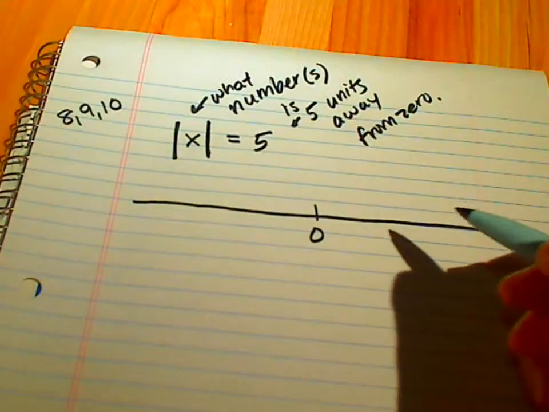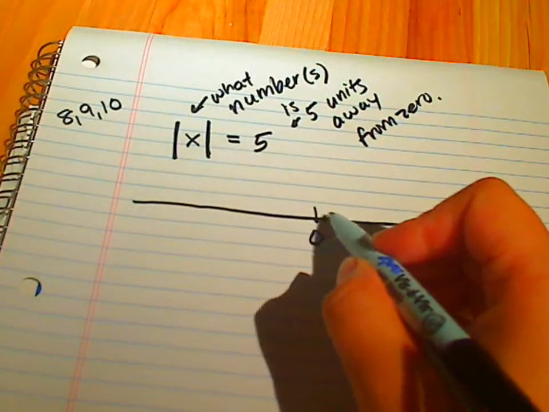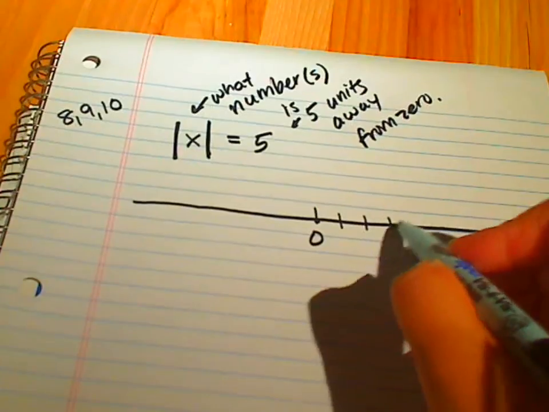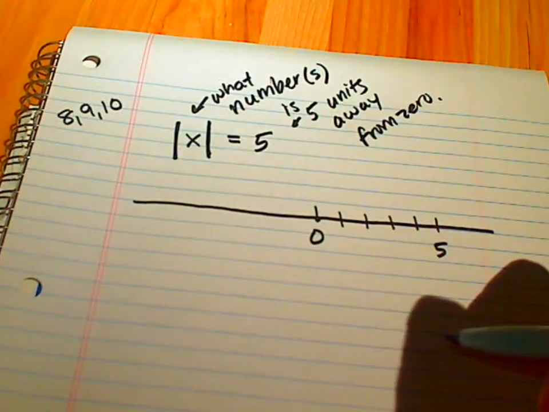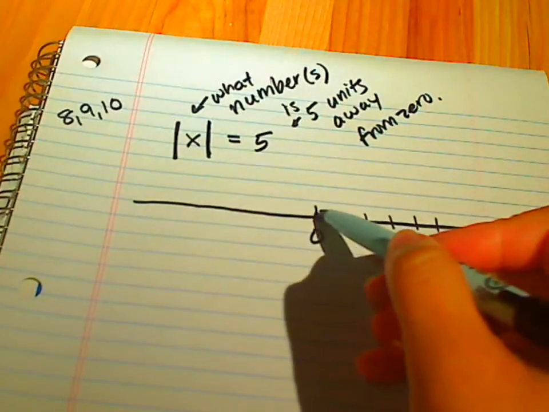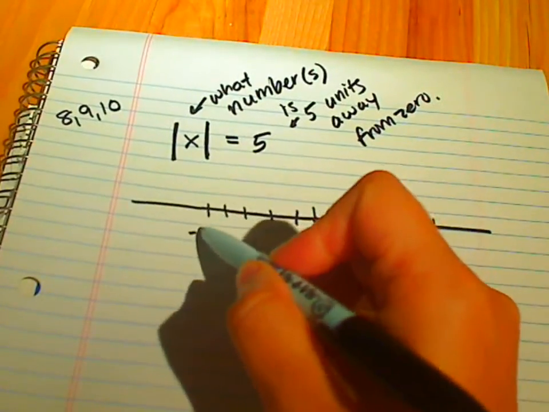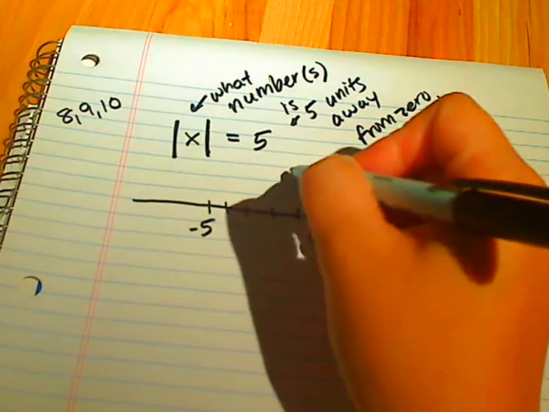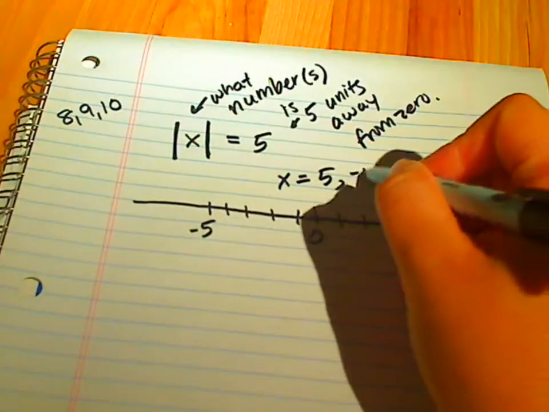If you start at 0, you go 1, 2, 3, 4, 5. So you have positive 5 going that direction. Well, what if I decide to go left? 1, 2, 3, 4, 5. Negative 5. So x could be positive 5 or x could be negative 5.